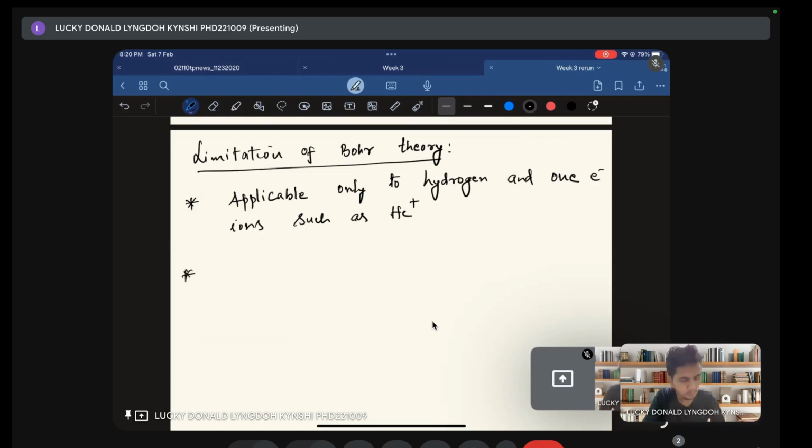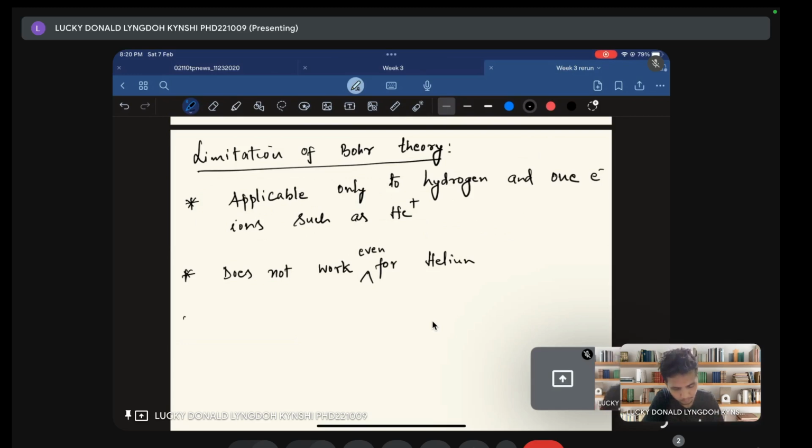Second, it does not work even for helium. That means for heavier elements Bohr's theory cannot explain.